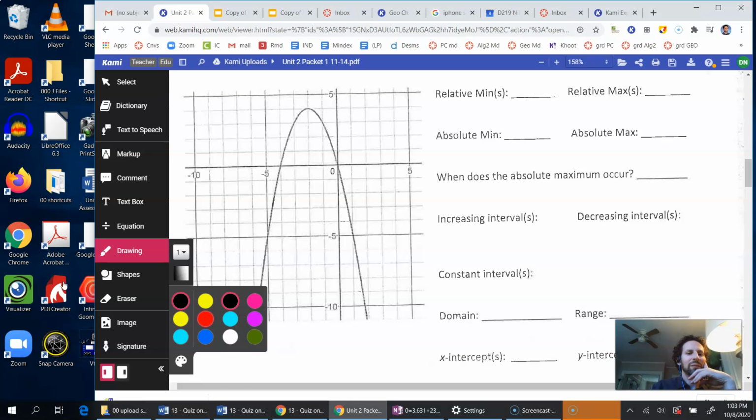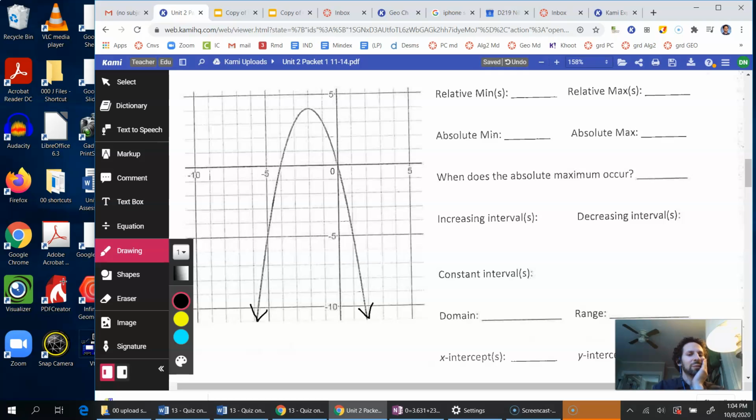So again, this first one asks for a relative min right here. When we first come to a graph, if it looks like it goes to the edge of the screen, that means we want to put the arrows on.